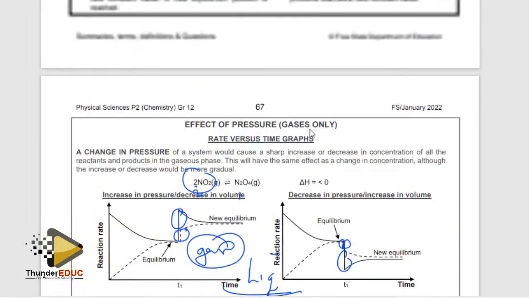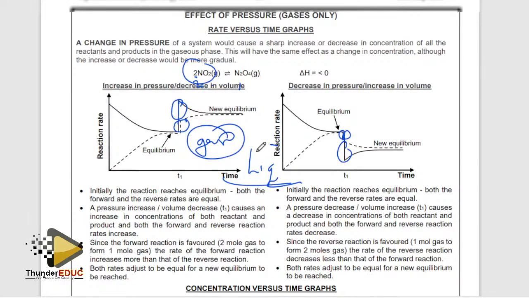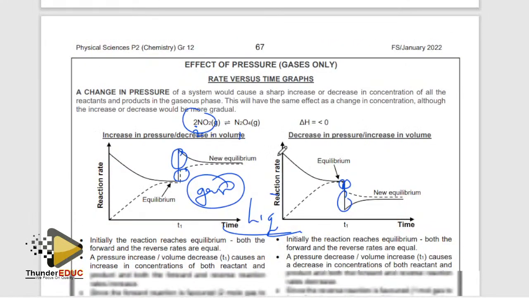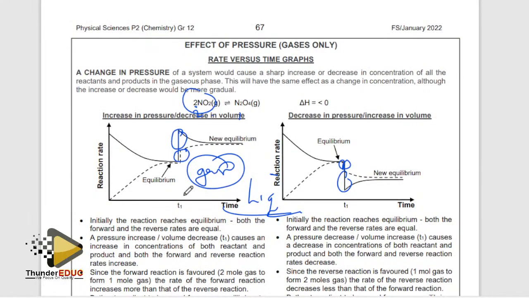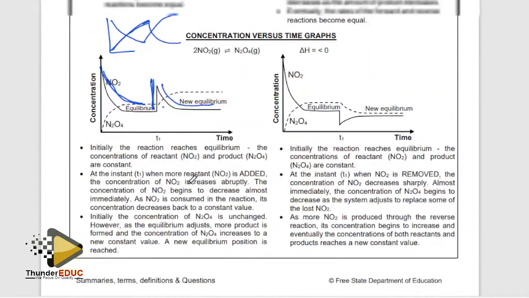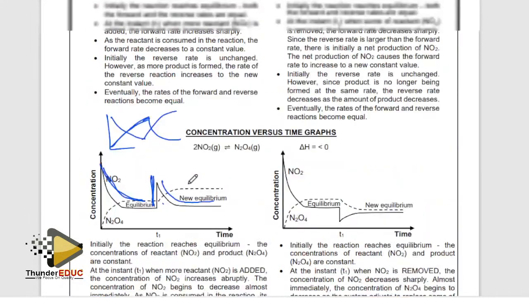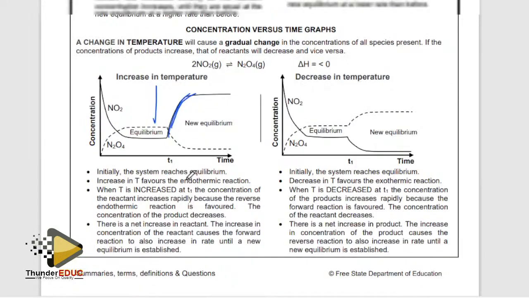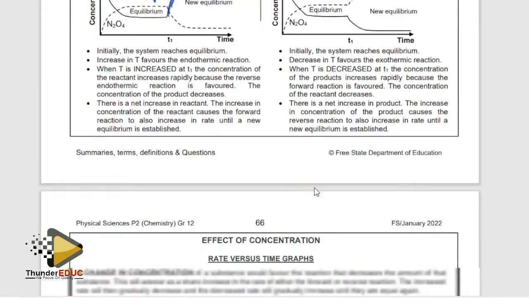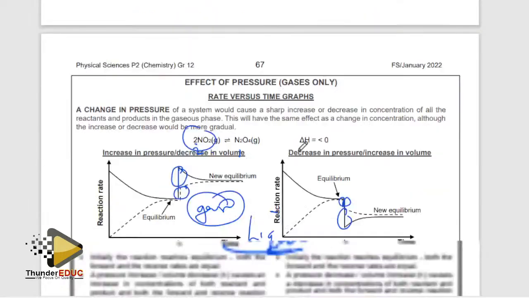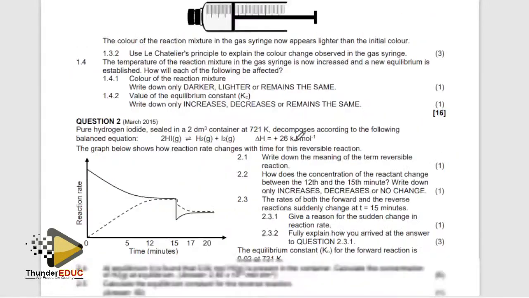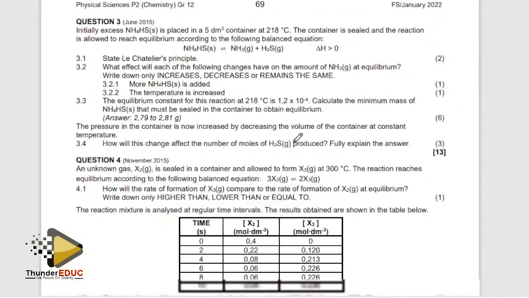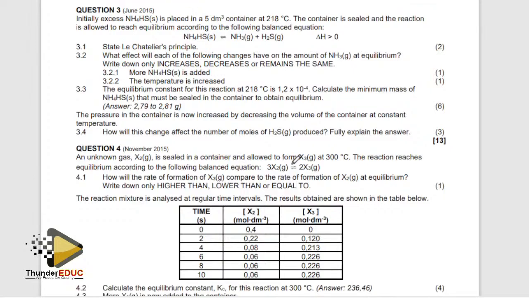Then concentration: one is spiking, then another one is gradual. And then temperature, both of them are gradual. You see? So please, you need to know that before you go to the paper, because if you go to the paper without knowing, it might affect you. So that is the first thing you need to understand.